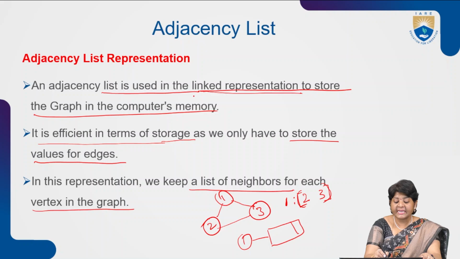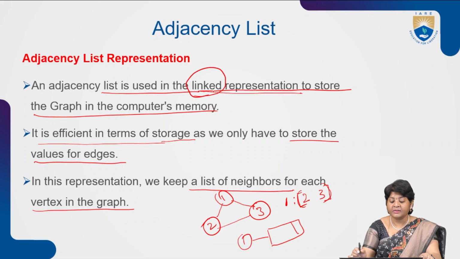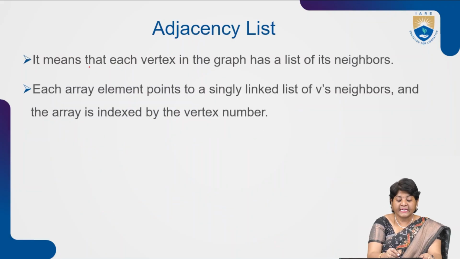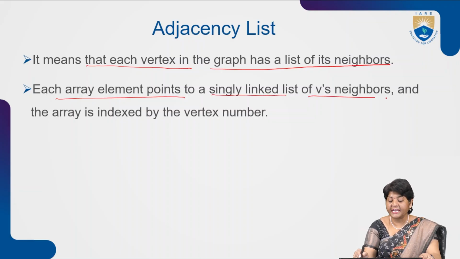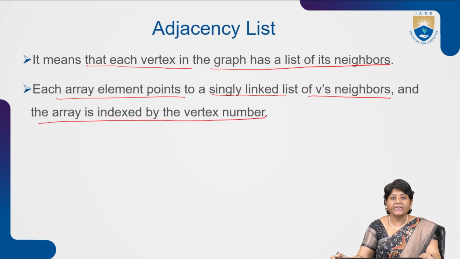Or we just say linked representation to store the graph in the computer's memory. It means that each vertex in the graph has a list of its neighbors. Next, each array element points to a single linked list of its neighbors, and the array is indexed by the vertex number.